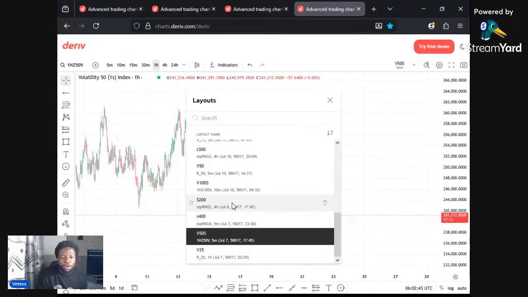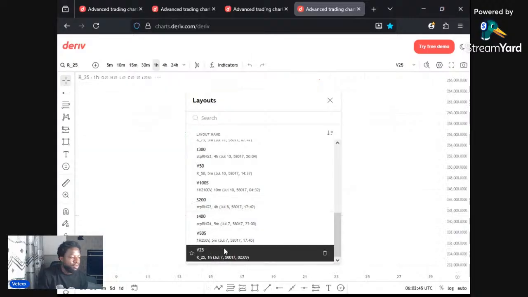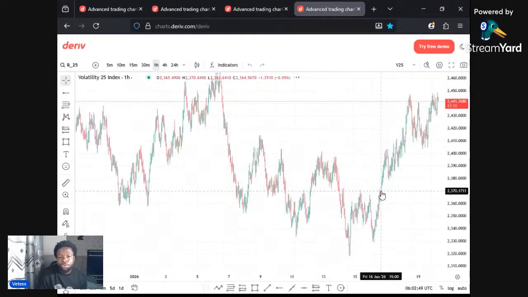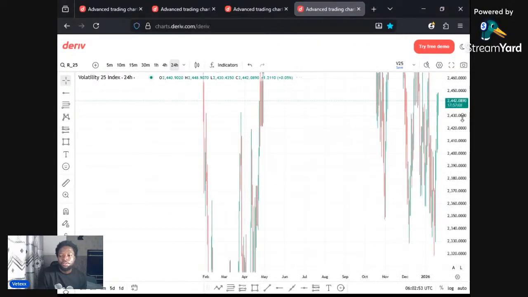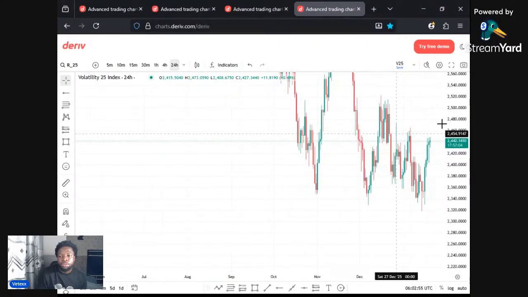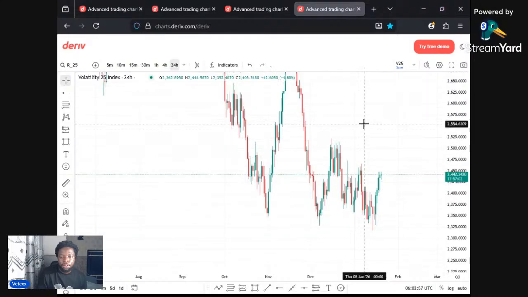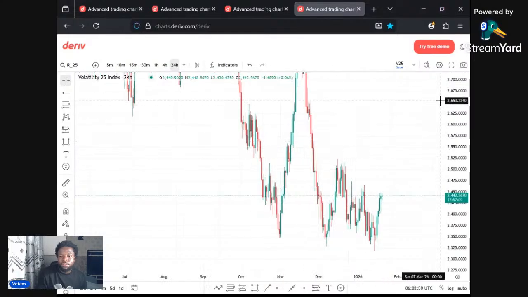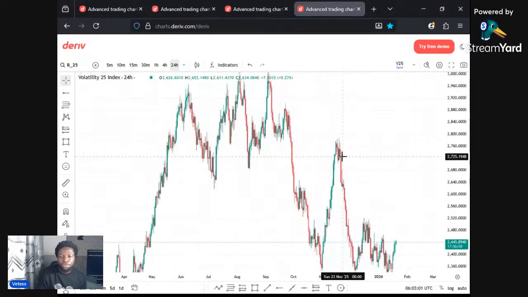So the last pair we are going to be checking out is V25 index, and check what is happening on V25 index. So on a weekly time frame, V25 index is bearish. It's heavily bearish. And on the 24-hour time frame, nothing is really happening, but we already have a weekly time frame direction. Okay.